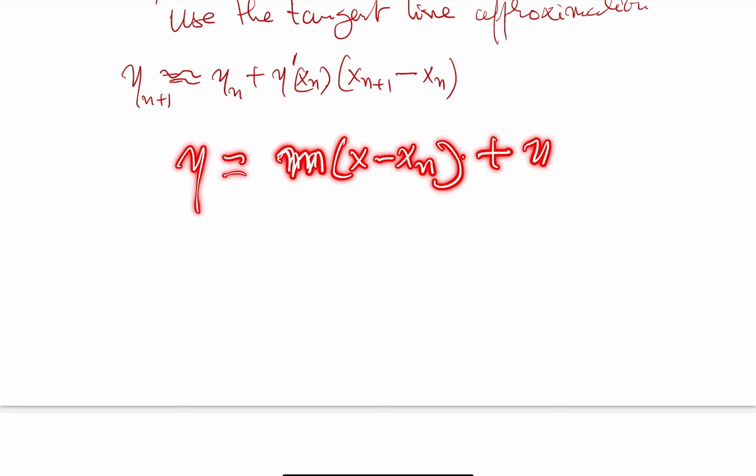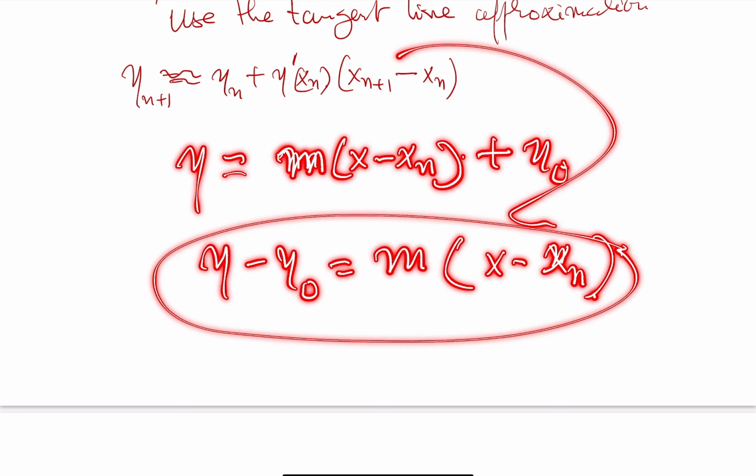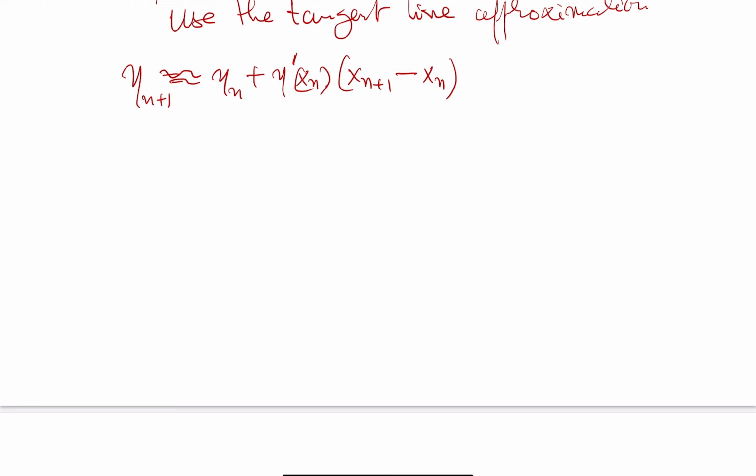And then plus y naught. And y minus y naught is equal to m, parentheses x minus x naught. This is the same thing as here, but now we are using the approximation. Okay, let's go from here.